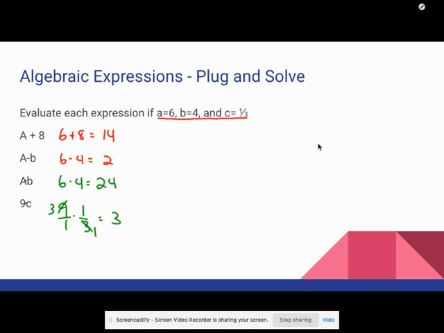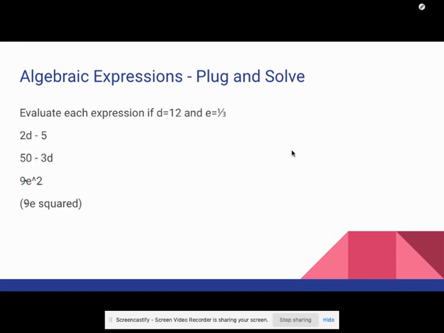Plugging the number in for the letter and then solving using the order of operations is really all you need to do. You just have to make sure that you're careful, plug the correct number in, and then solve using order of operations. Now you might end up having a little bit more to do in these next two problems. So 2D minus 5, well, D is 12.